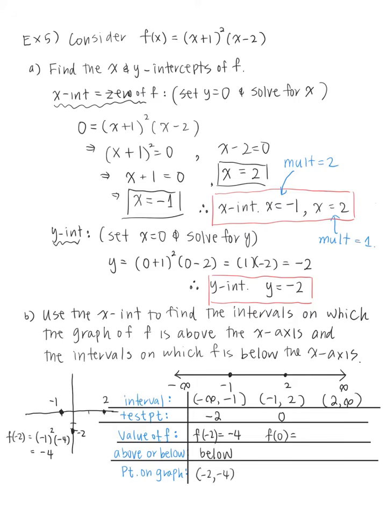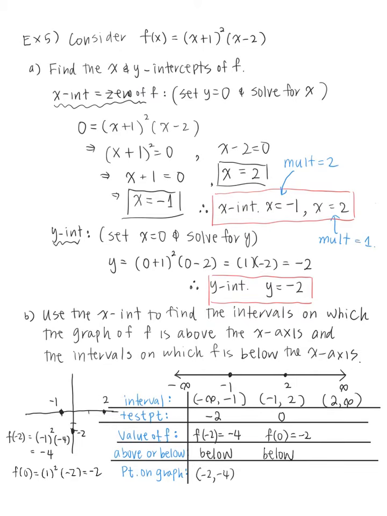If I plug in 0 in place of x, then here you're going to have 0 plus 1 squared, which is 1 squared, and then multiplying by negative 2. So it looks like we're going to have negative 2. So what's going to happen? It's going to be dipping below the x-axis again.